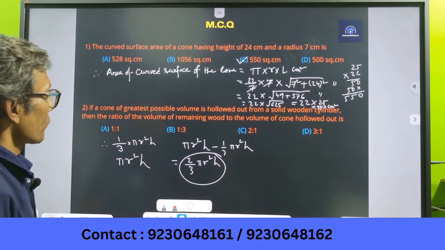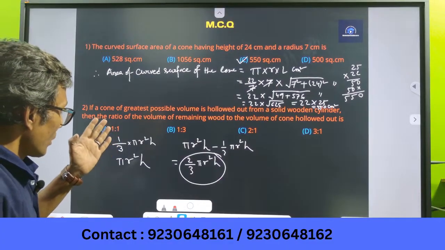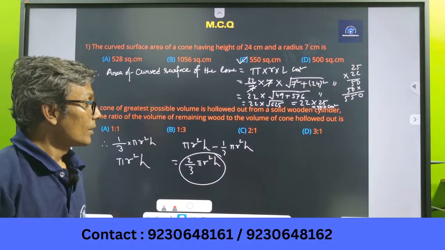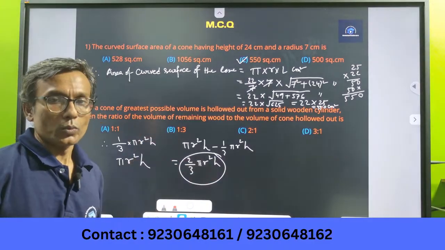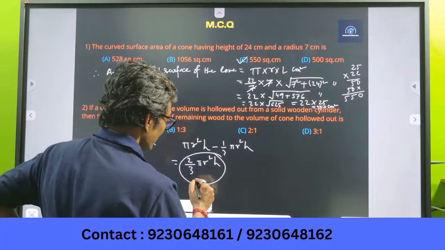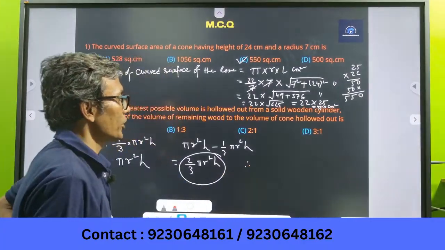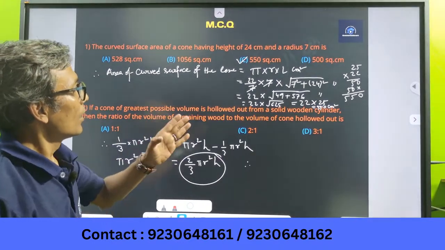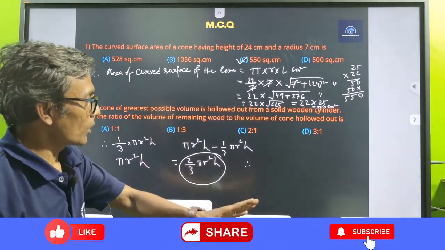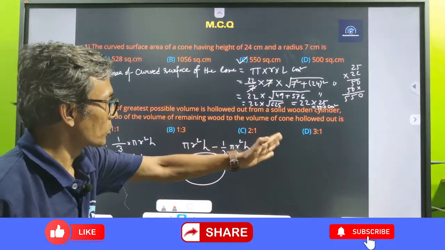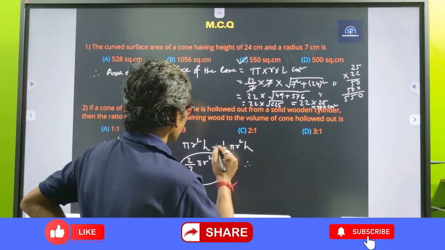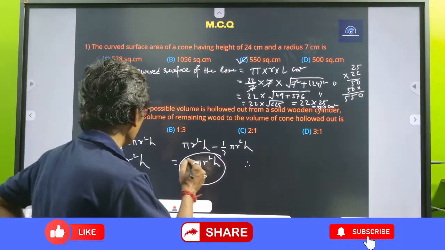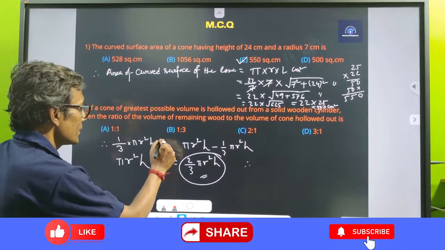Subtracting from the volume of the cylinder the cone, now we have to find out the ratio between the remaining part and the volume of the hollowed out cone. So volume of remaining part is this, and volume of cone is this.